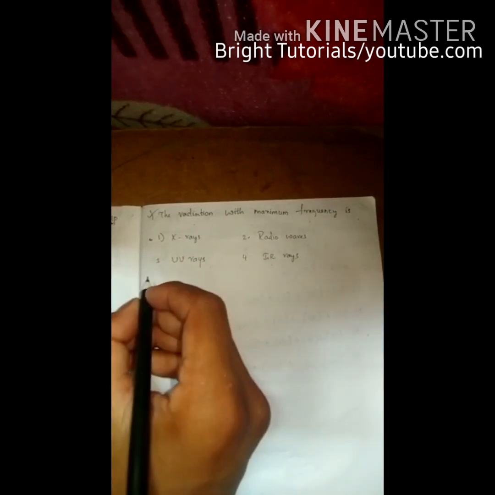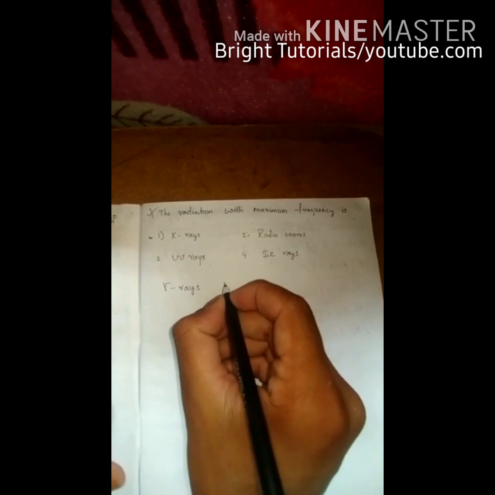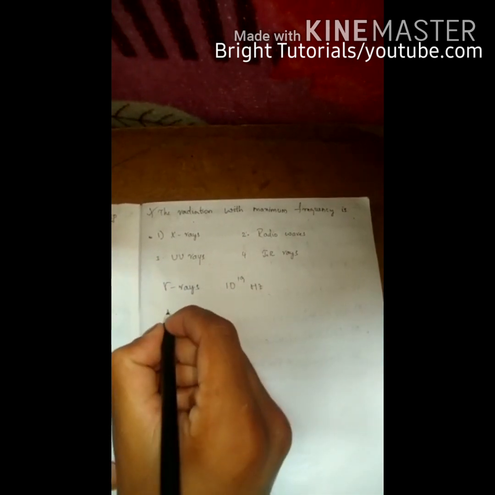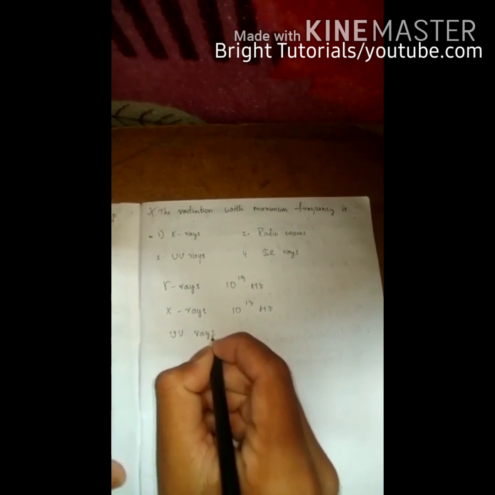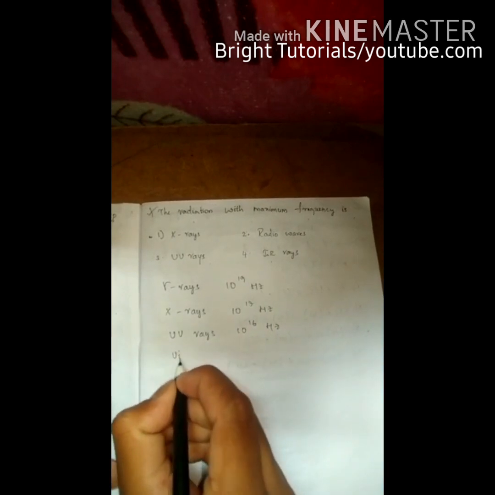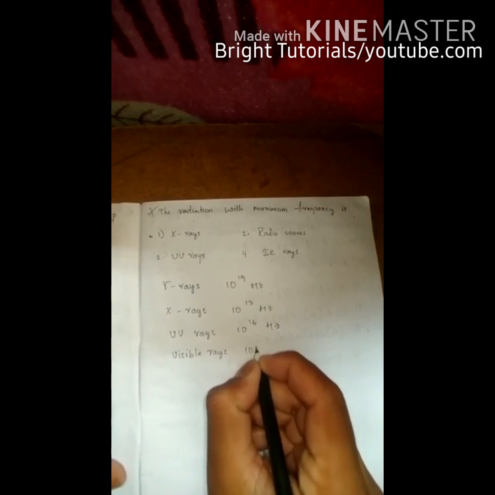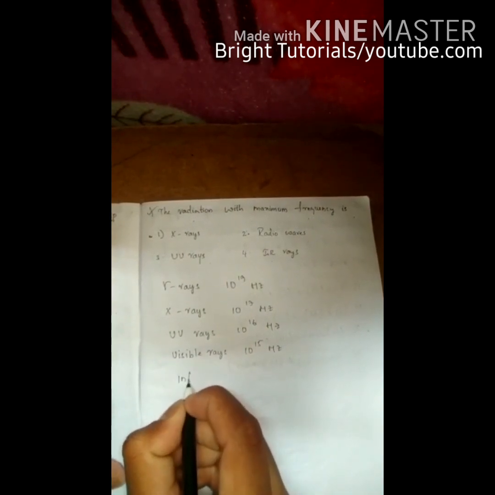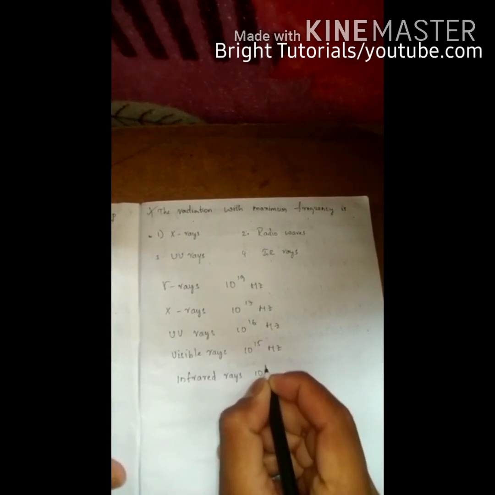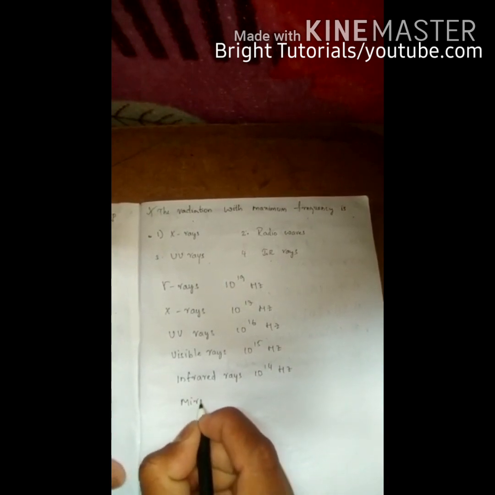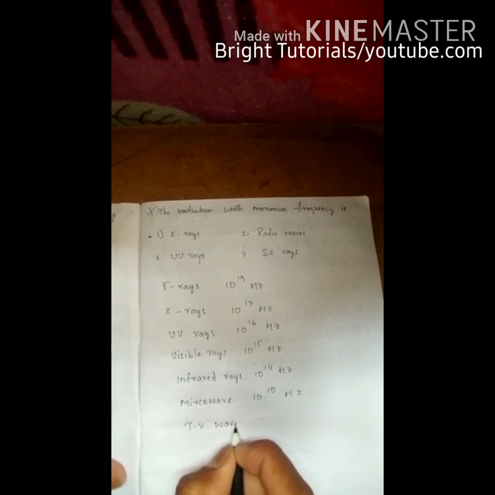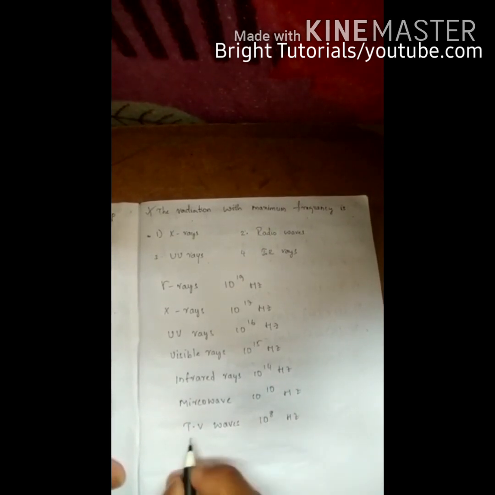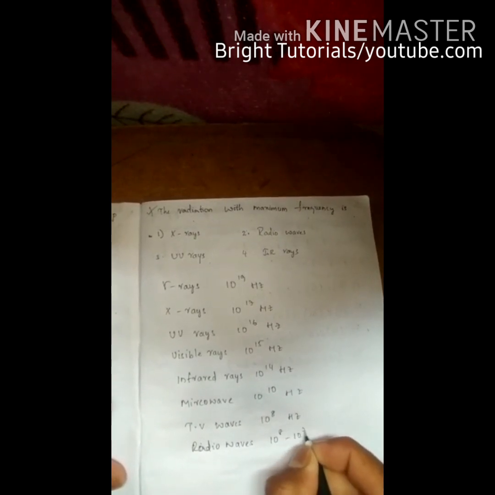We know that gamma rays have a frequency of 10 to the power of 19 hertz, X-rays have 10 to the power of 17 hertz, UV rays have 10 to the power of 16 hertz, visible rays have 10 to the power of 15 hertz, infrared rays have 10 to the power of 14 hertz, microwaves have 10 to the power of 10 hertz, TV waves have 10 to the power of 8 hertz, and radio waves have 10 to the power of 8 to 10 to the power of 7 hertz frequency.